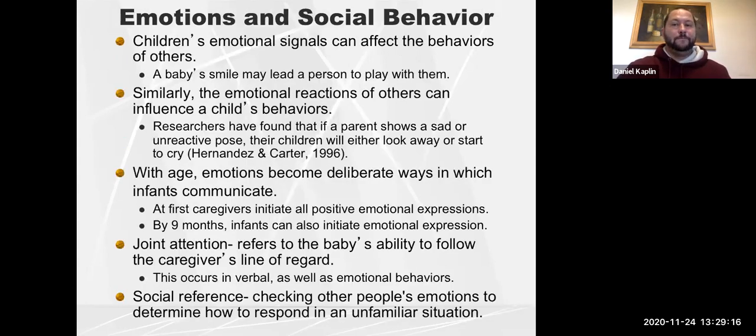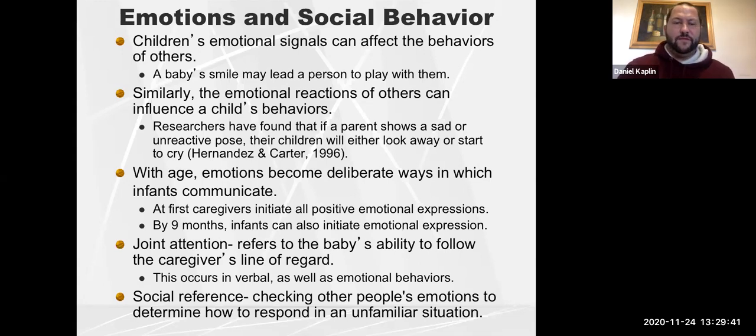Now, emotions affect social behavior too. So a child's emotional signals can affect behavior of others. For example, if you have an infant who smiles at you, it's going to draw you close to them to want to interact with them or play with them.